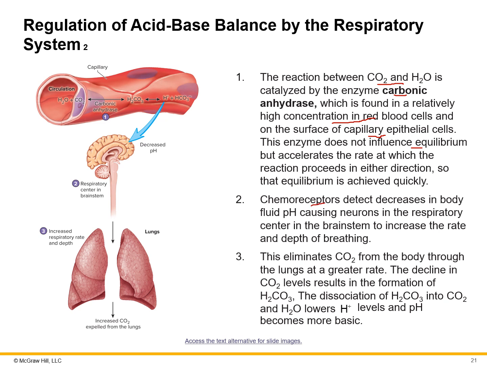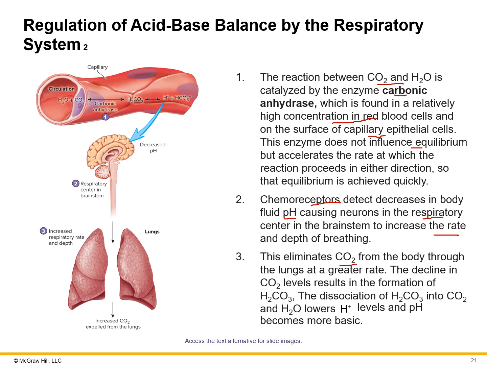So what happens is chemoreceptors detect a decrease in the pH, which means we have too many hydrogen ions. So the neurons are going to increase activity of that respiratory center in the brainstem to increase our rate. So now we're going to get more deep breathing. This eliminates that carbon dioxide as we exhale through those deep breaths.